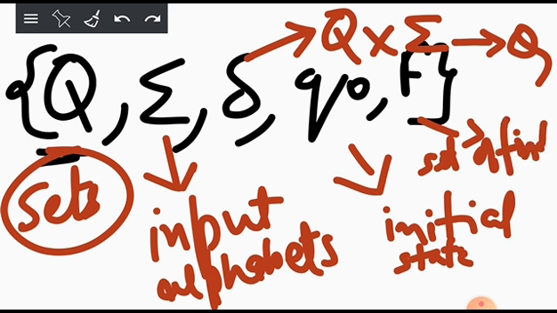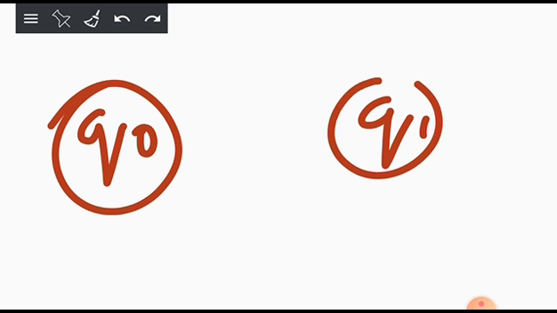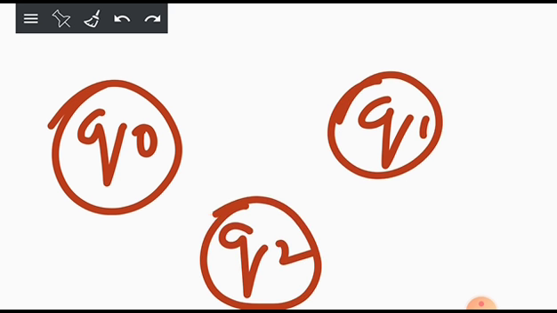So we will see one example. These are some states. This is the initial state. The initial state is represented by the incoming arc which doesn't have any symbol. There is no symbol associated with this arc.